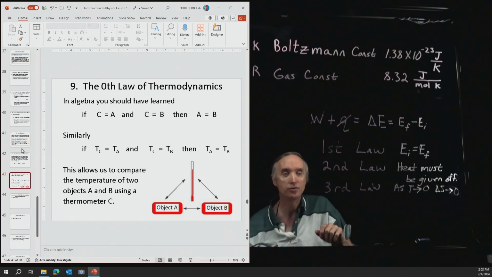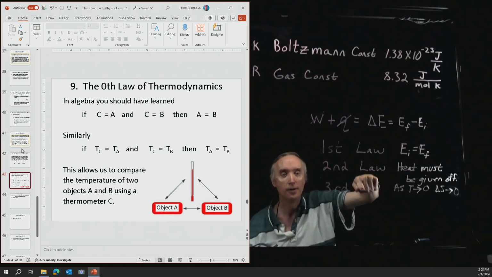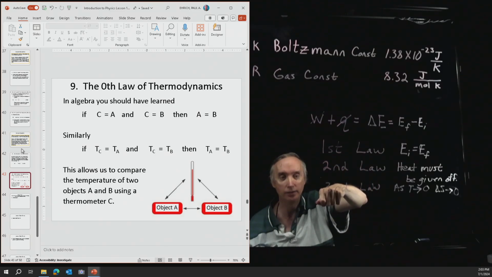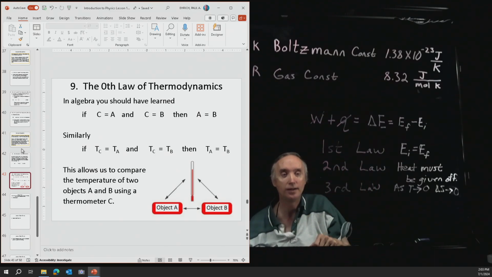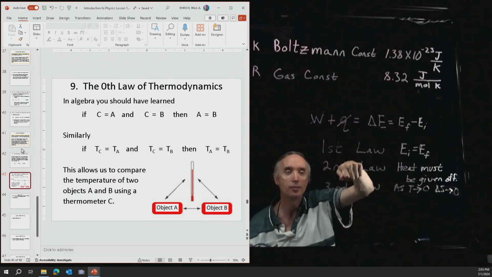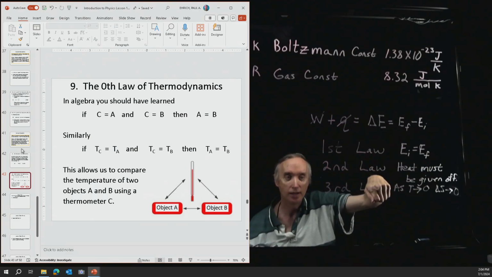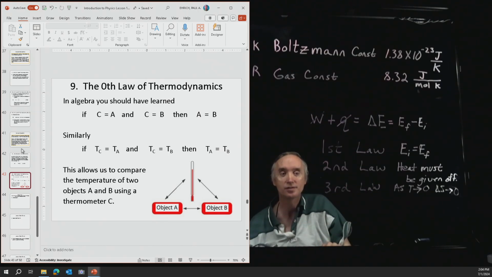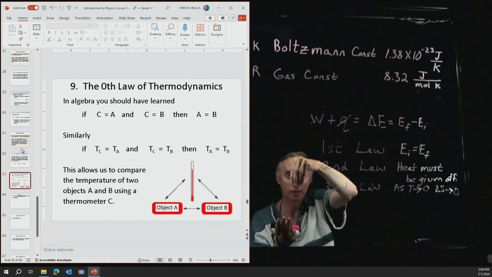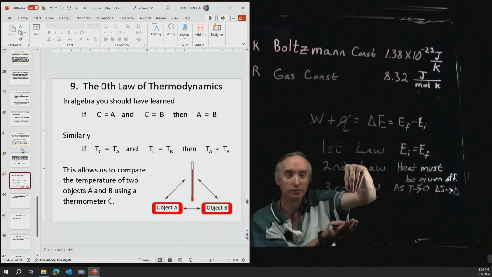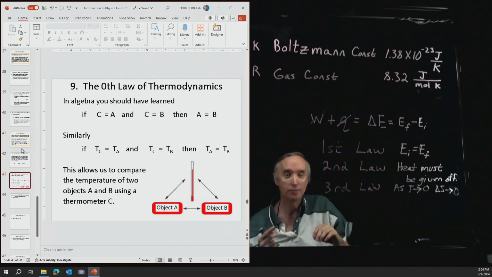And so what we're going to do is take the thermometer and put it up against object A, and we're going to notice that it has a certain temperature. Then we're going to take the thermometer and put it up against object B, and we're going to notice it has the same temperature. So if object A reads the same on the thermometer as object B, then that must mean that the temperature of object A was the same as the temperature of object B.